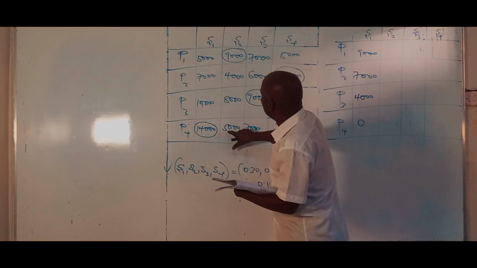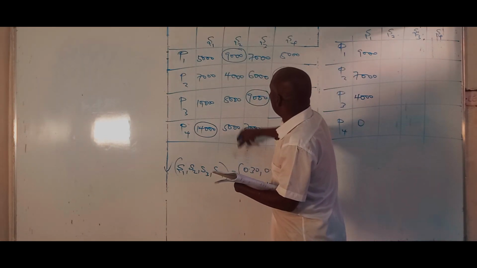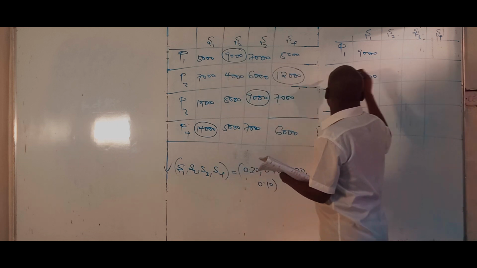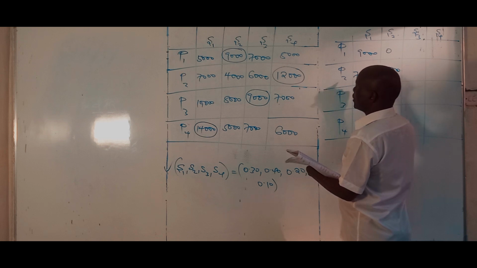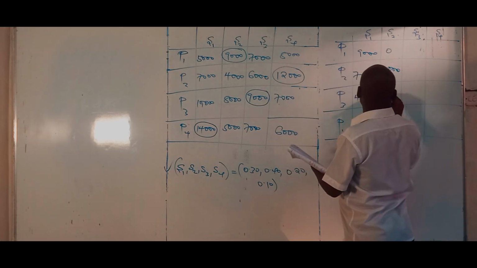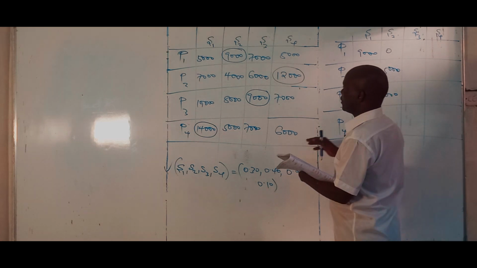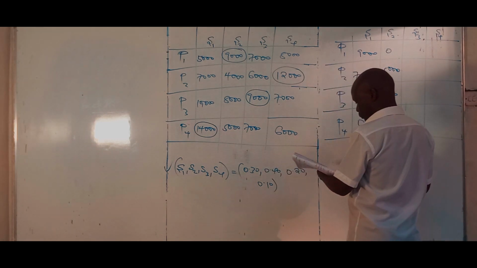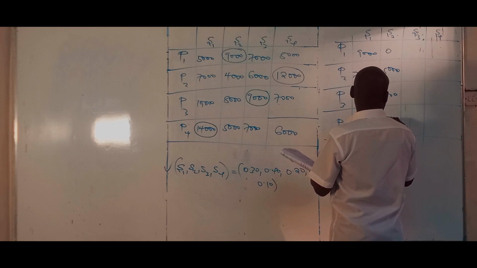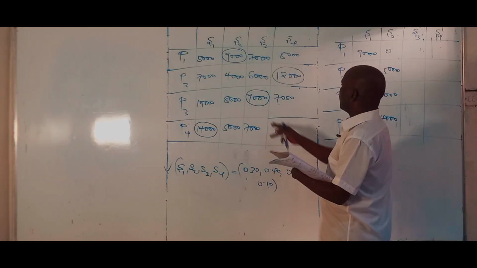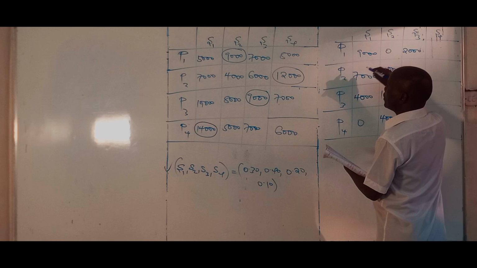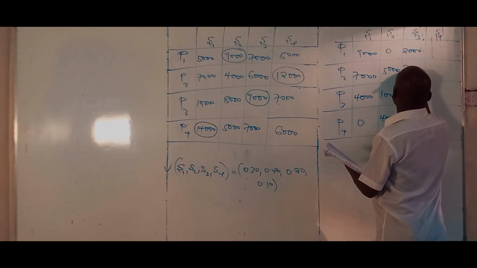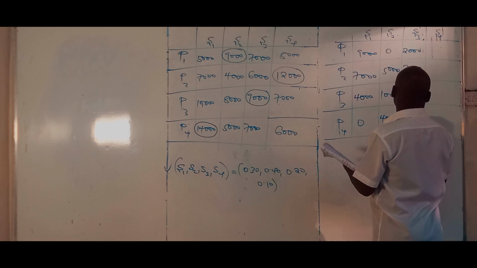For S2, I subtract each entry from 9,000. So effectively, this will be 0, this will be 5,000, this will be 1,000, and this will be 4,000. For S3, again, everything from 9,000. So this is 2,000, 3,000, 0, 2,000.